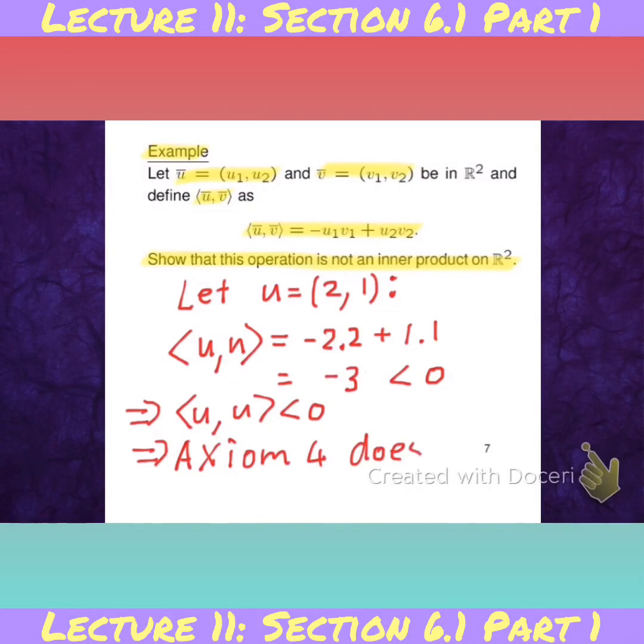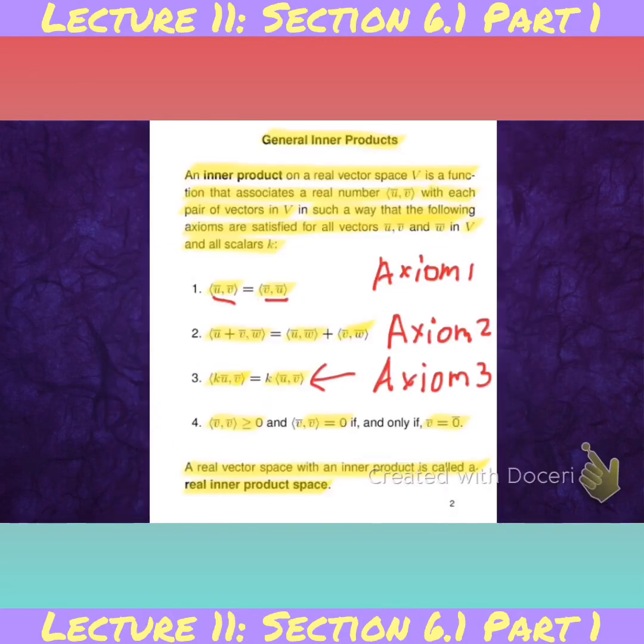And axiom 4 specifically states that the inner product of a vector with itself must always be at least 0. So axiom 4 does not hold. So let's just go back. If we look at the axioms, you'll see that that requirement needs to hold, and that's the inner product of a vector with itself must always be at least 0. Okay, so in that case, the final axiom fails.